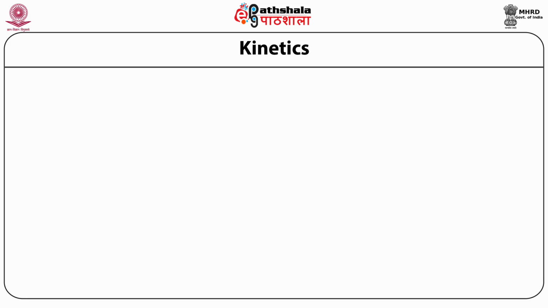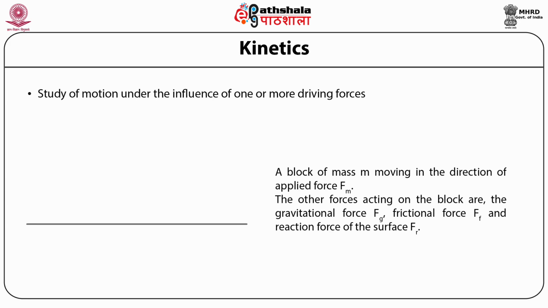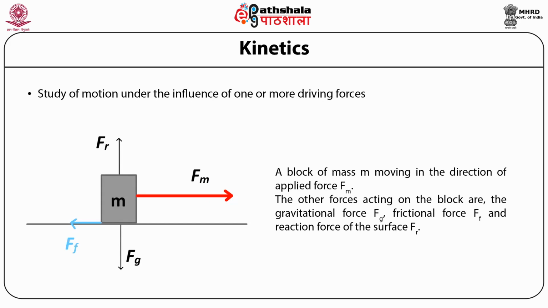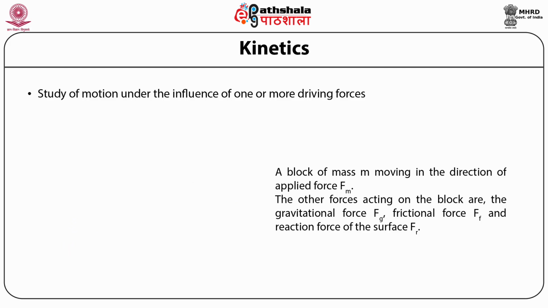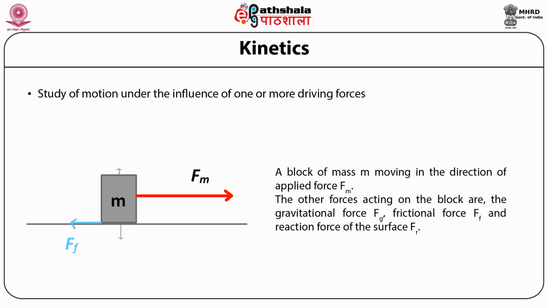Here in this slide, we would like to study the motion of an object having mass m, which is under the influence of four forces. The first force acting on the body is the weight of the body itself, which is Fg. The second force on the body is the normal force due to the ground.